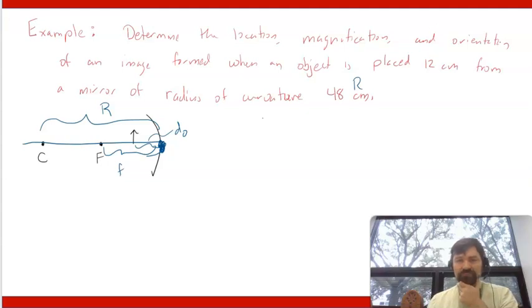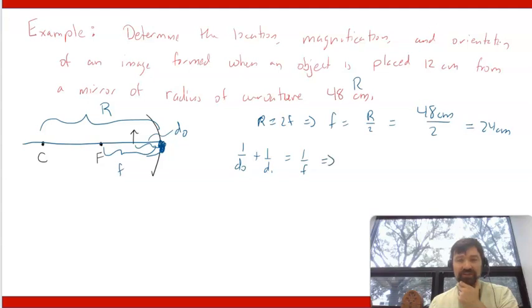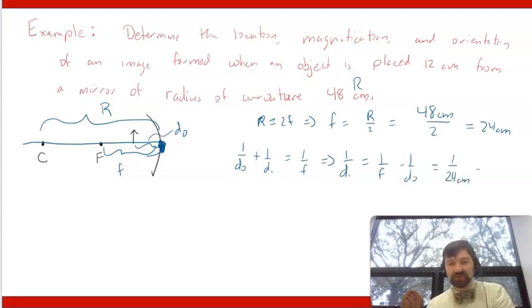Well, if r is 48, r is equal to 2f, and so f is r over 2, which is 48 centimeters over 2, or 24 centimeters. Now, 1 over dO plus 1 over di is 1 over f, which implies that 1 over di is 1 over f minus 1 over dO, and so that is 1 over 24 centimeters minus 1 over 12 centimeters.